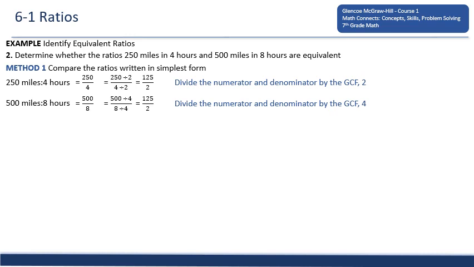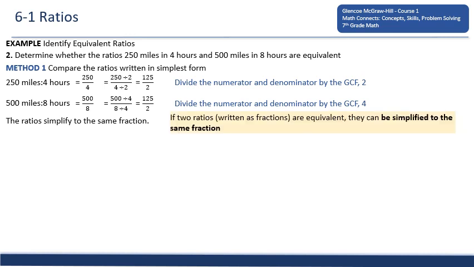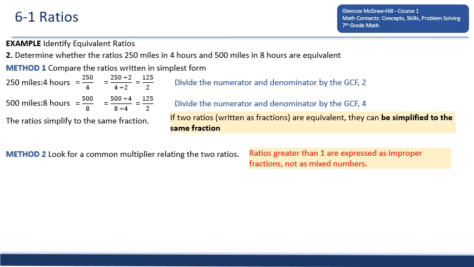And we have the same ratio of 125/2. So the ratios simplify to the same fraction. If 2 ratios written as a fraction are equivalent, they can be simplified to the same fraction. So ratios greater than 1 are expressed as improper fractions and not as mixed numbers.